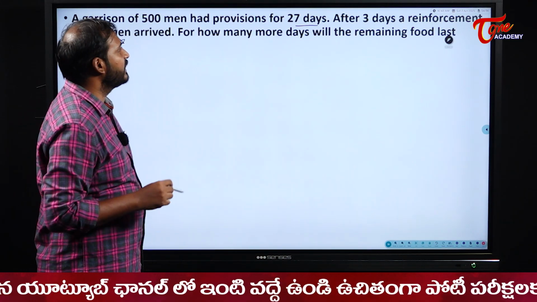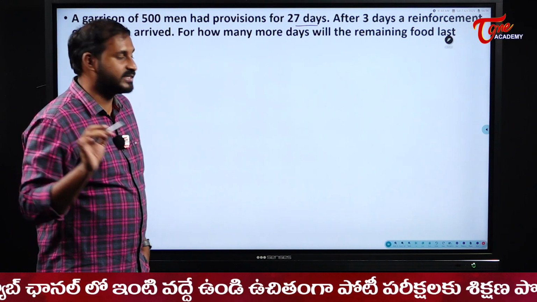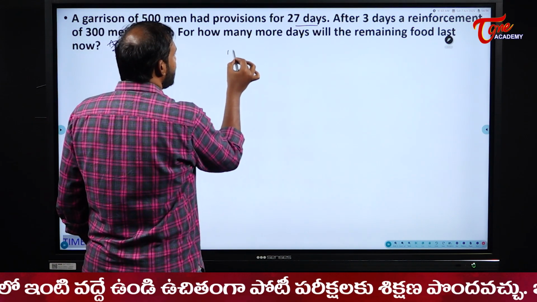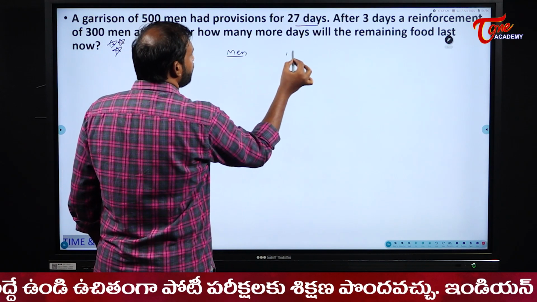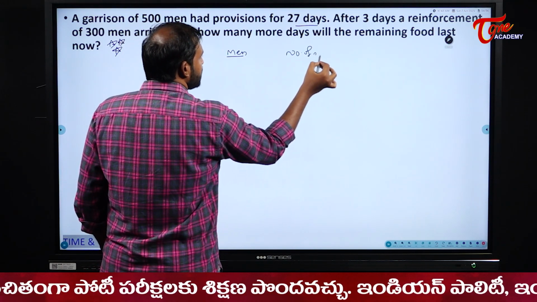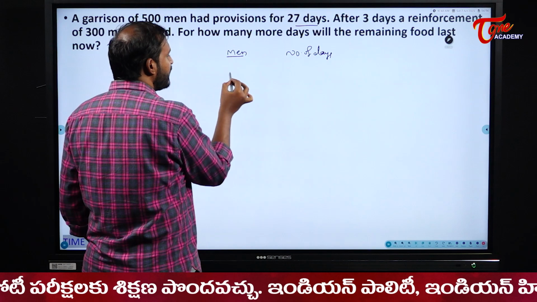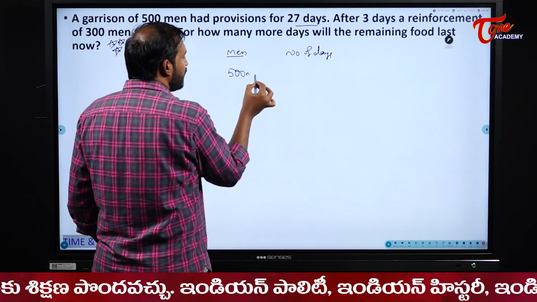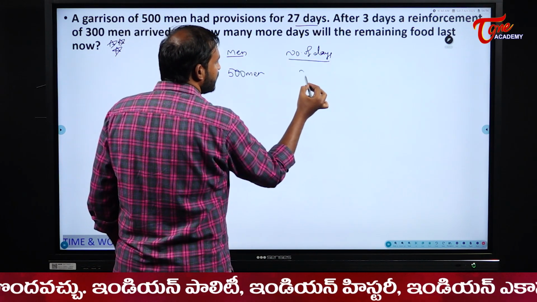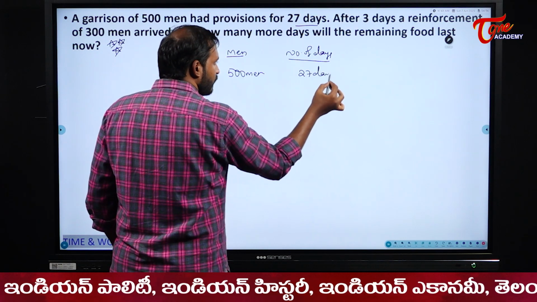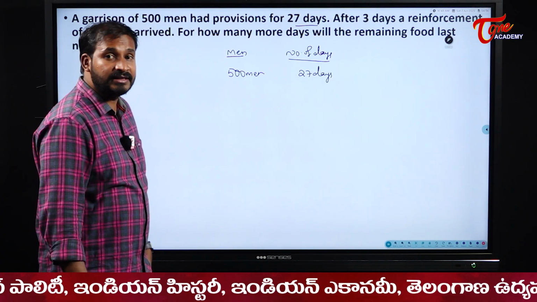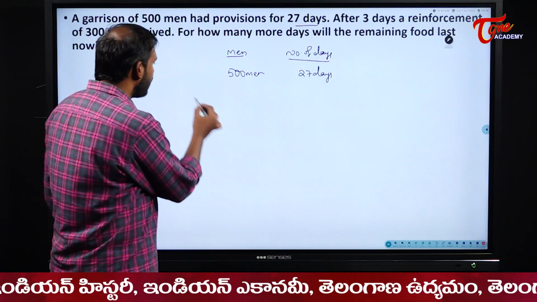A garrison of 500 men is provisioned for how many days? 27 days. Men, number of days. The provision is left for us. So for 500 men, the food will be left for how many days? 27 days. Good, super. Now after 3 days, what will be the condition?